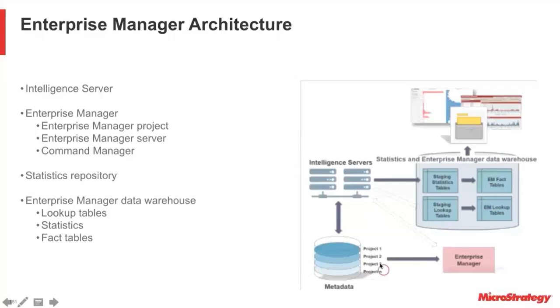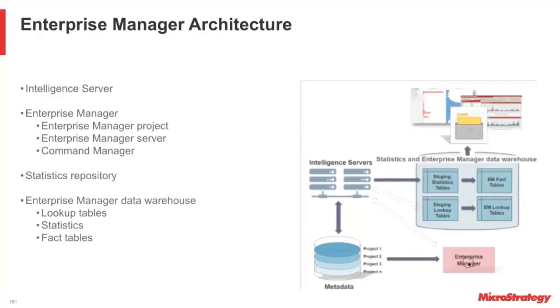And then you'll have the different projects that will be accessing data through the intelligence server. And as part of setting up Enterprise Manager, you'll have set up the relevant statistics warehouse or repository, as we call it, an Enterprise Manager data warehouse, where you'll be sending those stats and logging the different information.